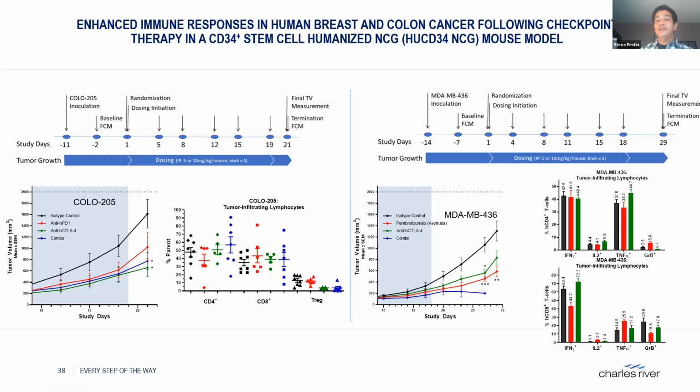So the idea here is, I know it's a number of studies and they all look very similar, but it gives you some idea very quickly, since we've been able to do these over the last 9 to 12 months, of a wide variety of different tumor types and ways of setting up tumor studies in a humanized mouse model to study some of these interplays.